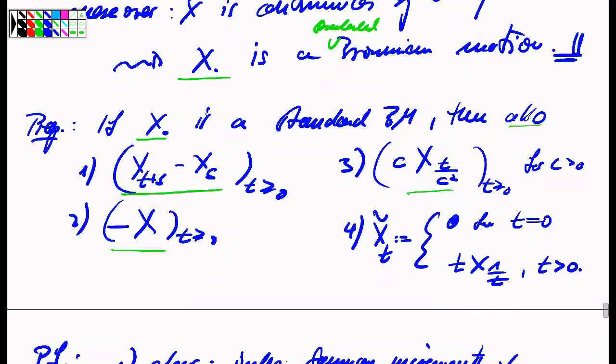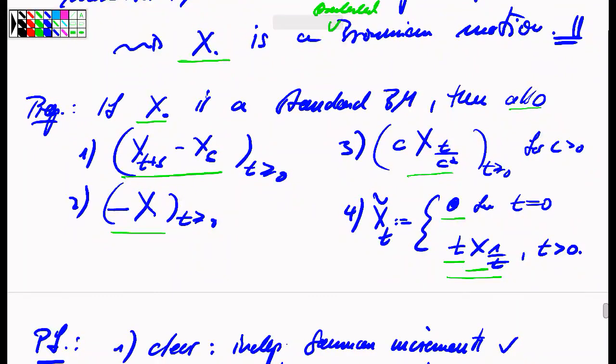partially reverse time, but multiply the process with a larger and larger factor proportional to time. So the new process x tilde is defined to be 0 at t equals 0, and for any other t, you define x tilde t to be t times x evaluated at 1 over t, which means that effectively for t becoming larger and larger, you insert smaller and smaller values of the initial Brownian motion at smaller and smaller times.